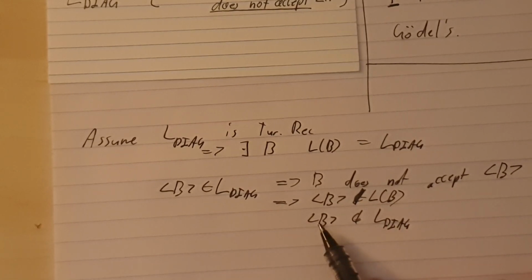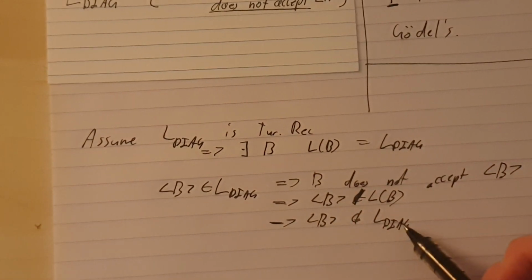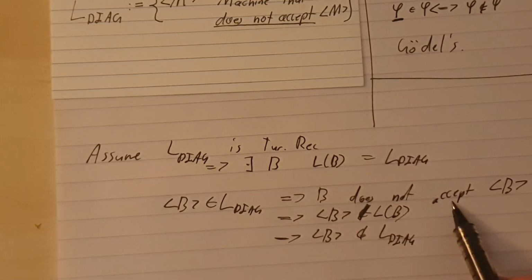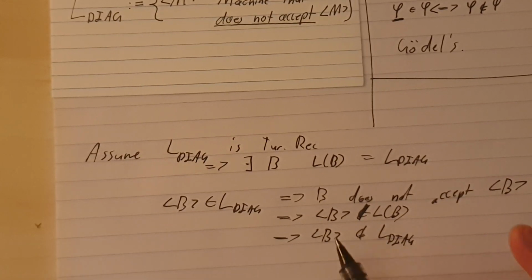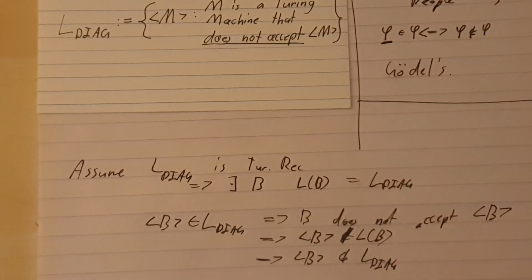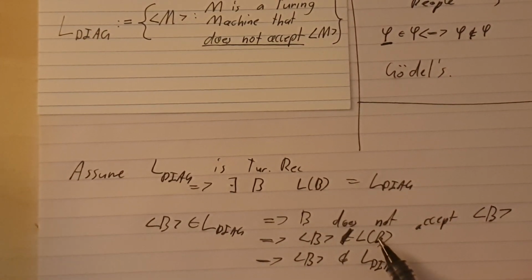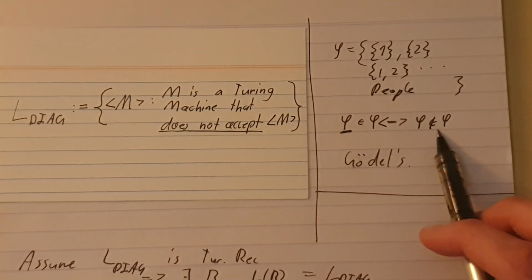And you can do this the other way as well. If the encoding of B is not in L-DIAG, that means B must be a machine that does accept itself, which means the encoding of B is in the language of B, which means it is in L-DIAG, which is the same contradiction. So you can see here that the proof becomes slightly longer. It is more than just this immediately implies this.